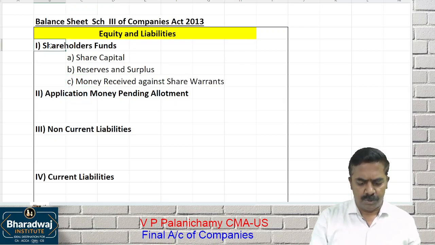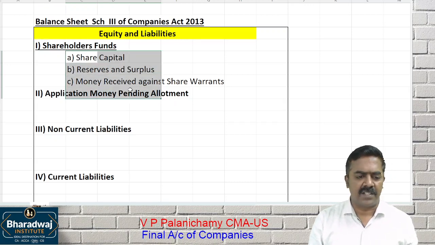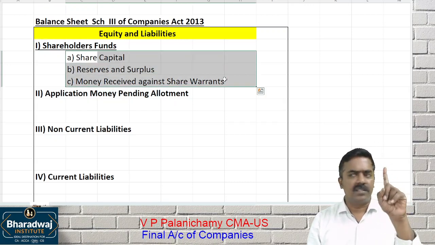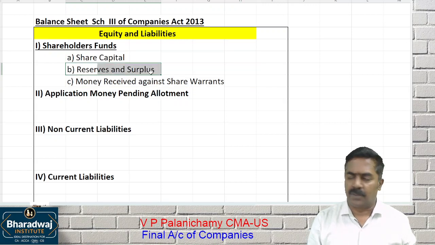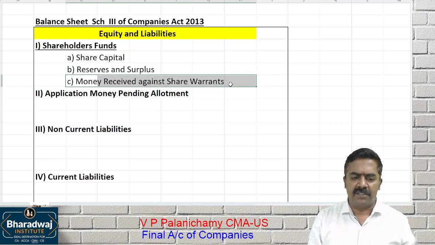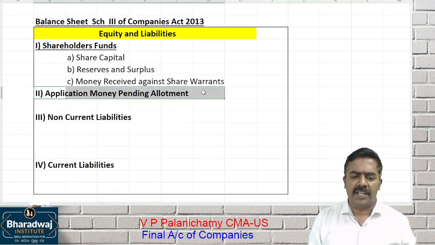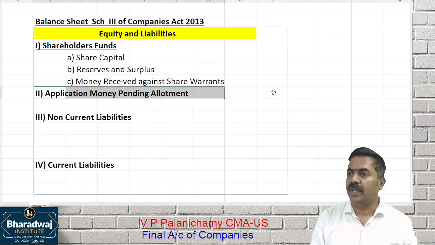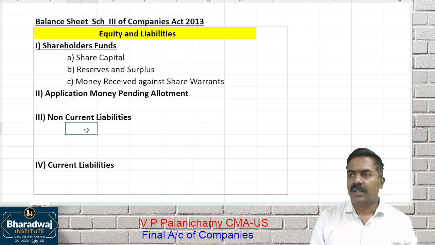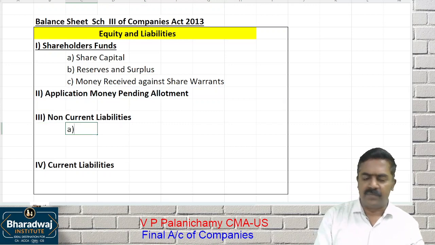So, shareholders funds has three classifications. One is share capital. Second is reserves and surplus. Third, money received against share warrants. Point number 2 is self-explanatory: application money which is yet to be allotted. What is the third one? Non-current liabilities. We have some different headings.